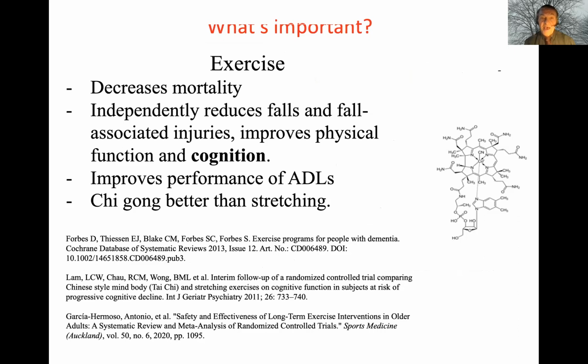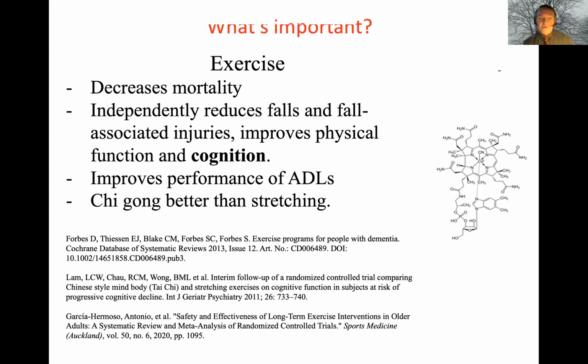And so what matters? What's important? What needs to be in such a computer simulation model? Well, exercise is one. We know that exercise improves performance of activities of daily living. It reduces falls and fall-associated injuries.